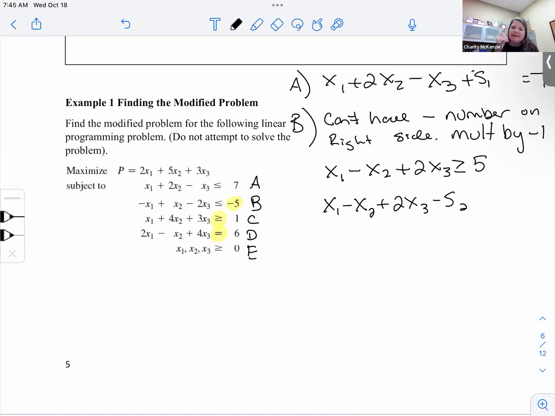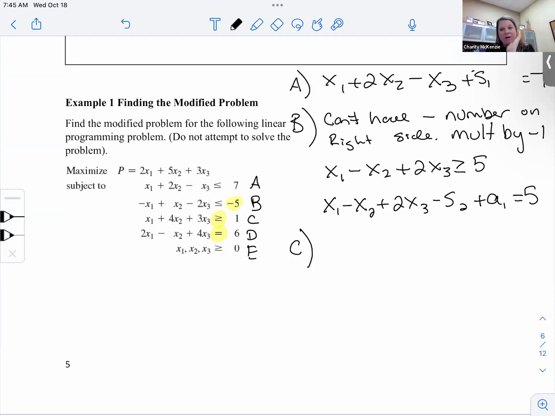Apologies. It has to bring it in as a negative slack, and you could give the gaps if you have the space. If I bring in the negative slack, I have to bring in my first artificial variable, and now it equals 5. So I brought in a negative slack and an artificial variable. Okay, so that's our final answer for B.